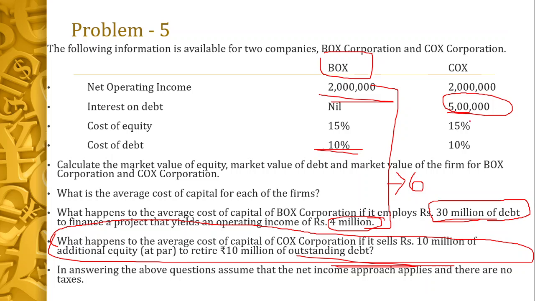So, to calculate the total value of debt, it is divided by 10%, which would give you only 5 million. And they have said that 10 million of debt has been outstanding, which is not there at all. It simply means the question itself is wrong.